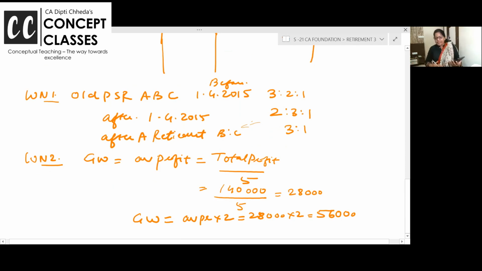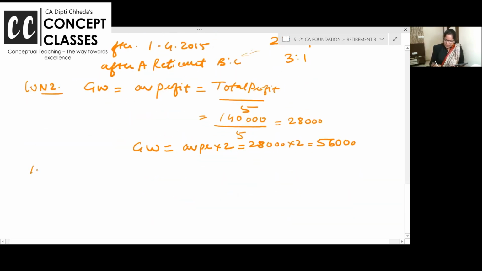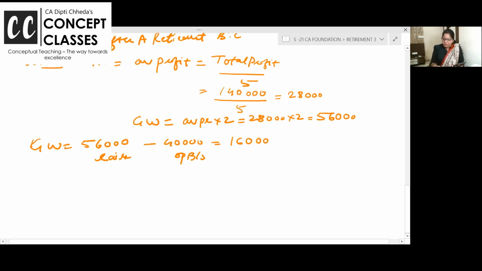So can we write off the old goodwill first and then create the new goodwill, or you can create the difference goodwill? Both the ways are correct. Are you getting? Goodwill you want to raise 56. Already there in opening balance sheet 40. So you can just raise 16,000 goodwill. Is that clear to you?